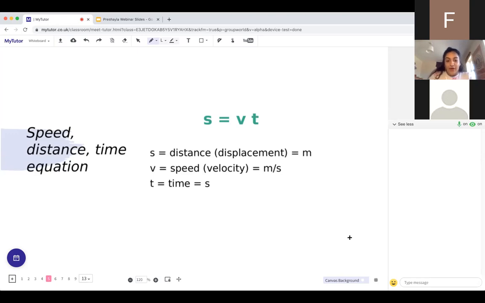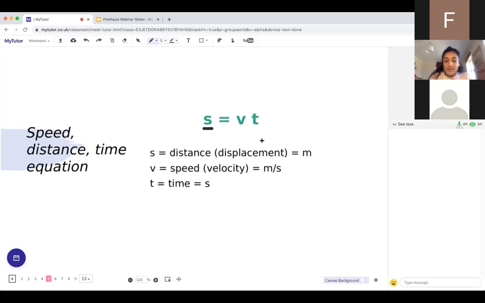So S is now not speed, it's distance. Okay, I know this is kind of backwards, but just bear with me. And the reason that we have S as distance is because distance is also displacement.